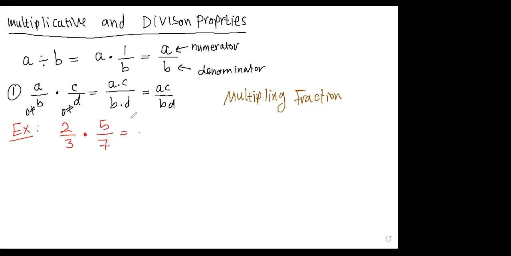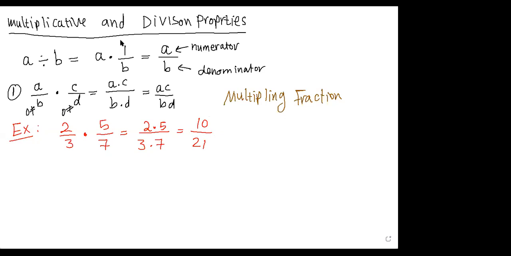What's the answer? Again, by using this property, we multiply both numerators and both denominators. So 2 times 5 over 3 times 7 gives exactly 10 over 21. Angel, 10 over 21. So this is the first property.